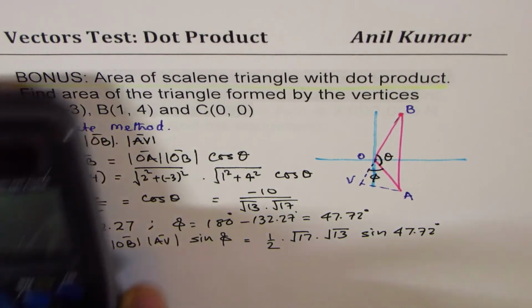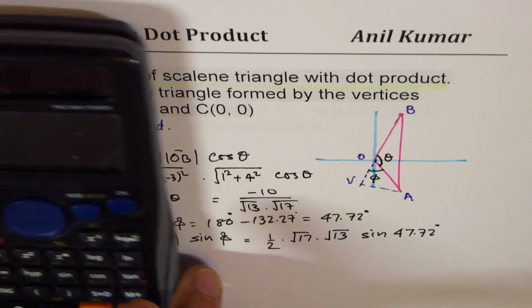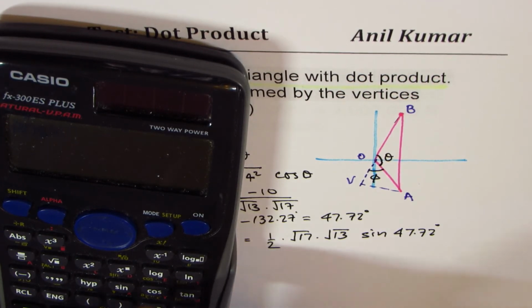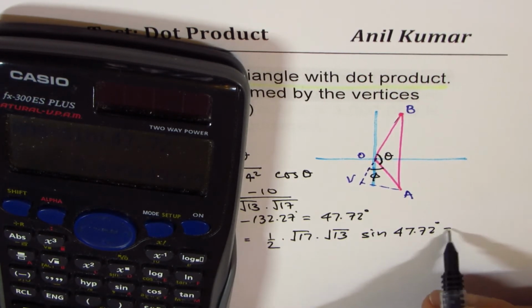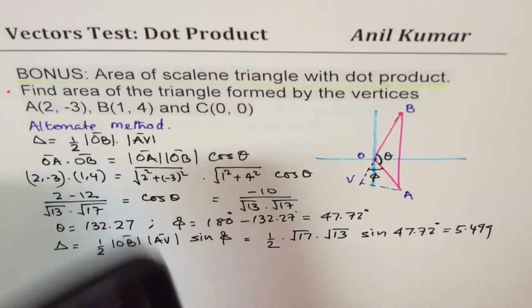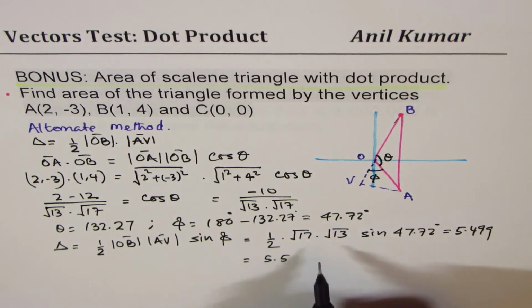So let's do this calculation. We have square root of 17 times 13, and we'll divide this by 2, and then multiply by sine of 47.72, equal to. So we get 5.499, which is equal to 5.5 units square.